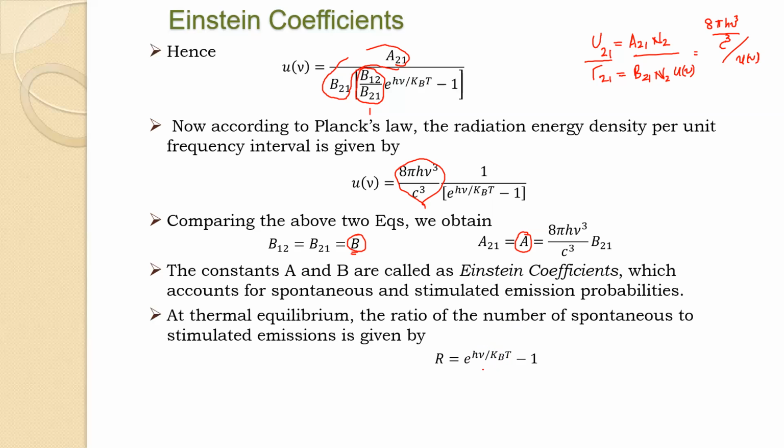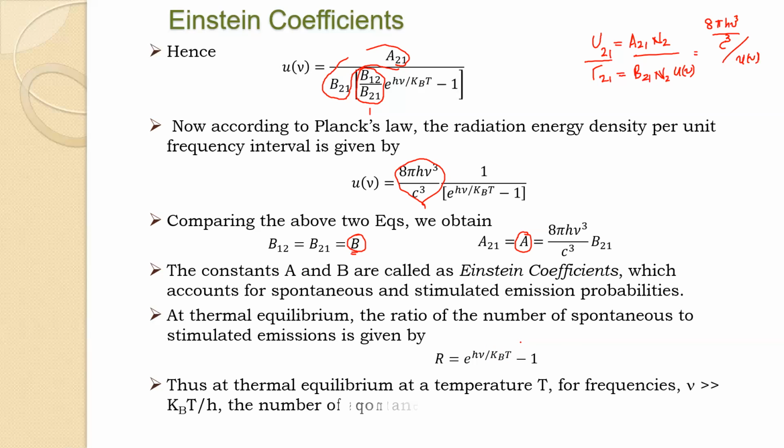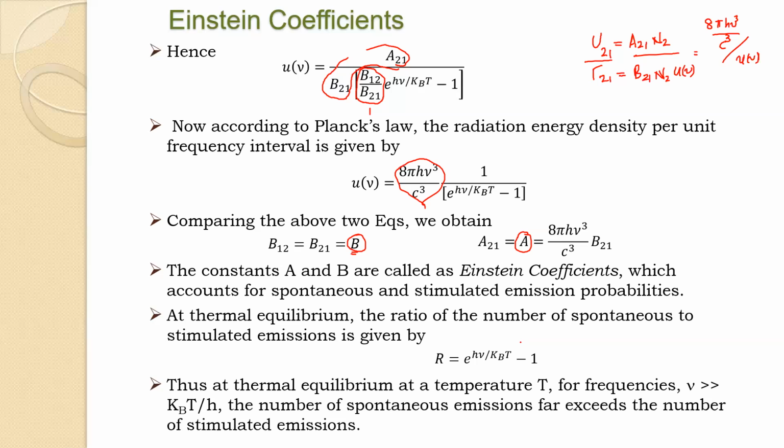When the frequency nu is very much greater than kBT divided by h, the power of the exponent is very high, then the value of R will be very large.